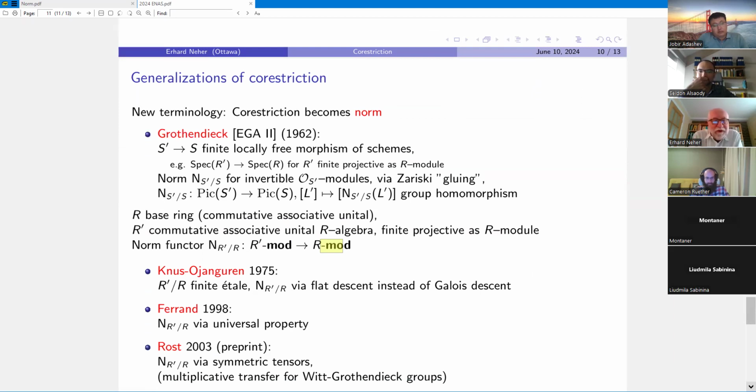It's a preprint on his website. And his definition works via so-called symmetric tensors. And he used this to define what is called a multiplicative transfer for the Witt-Grothendieck groups going from R prime to R. So the Witt-Grothendieck group of R prime maps to the Witt-Grothendieck group of R.